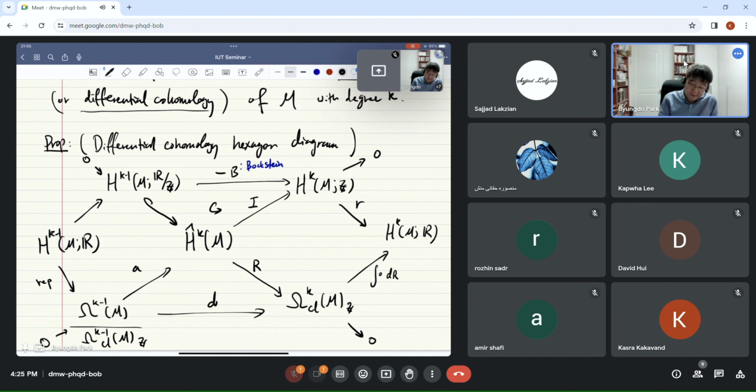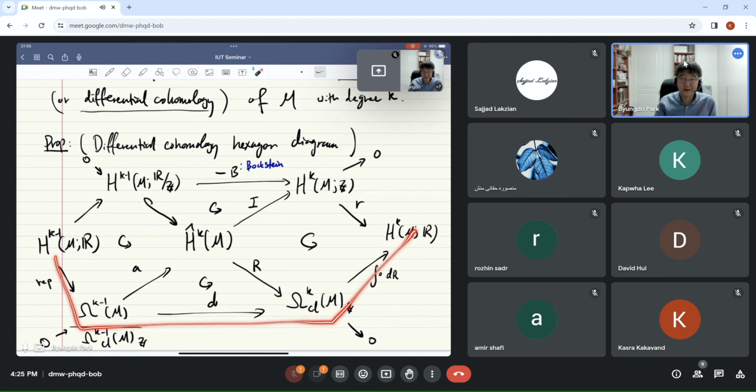So all these triangles commute, and square diagrams commute, and diagonal sequences are exact sequences, and the upper sequence is a long exact sequence, and the lower sequence is also a long exact sequence.